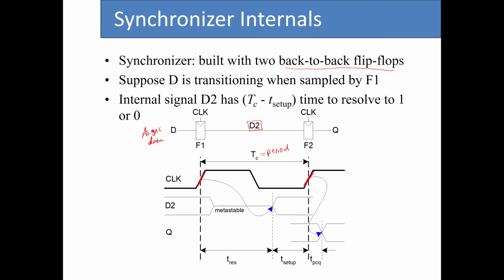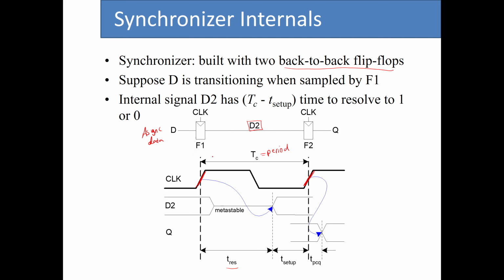So assuming that we have data that happens at a bad time, what happens is that D2 will go into a metastable state. So this metastable state would usually resolve in T-res.